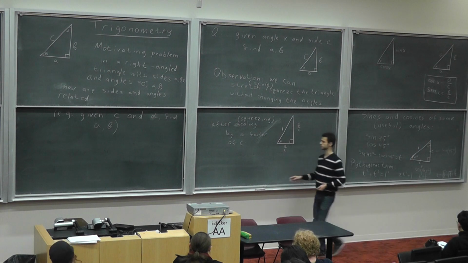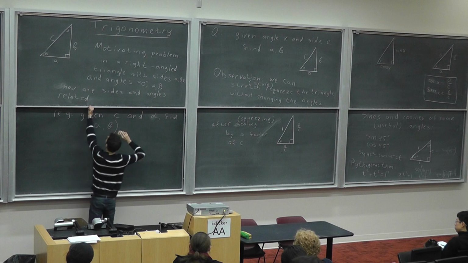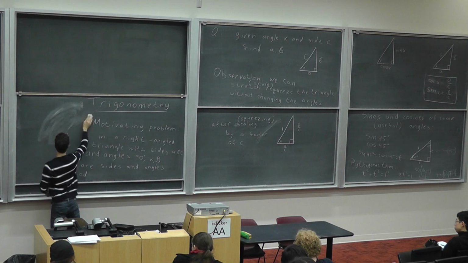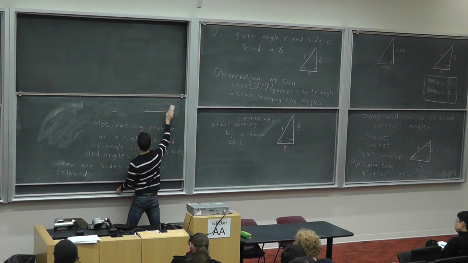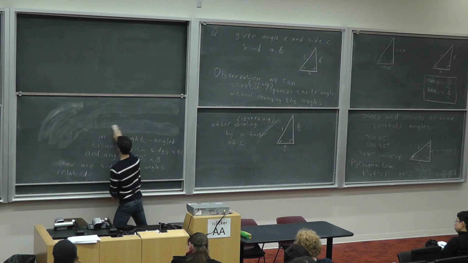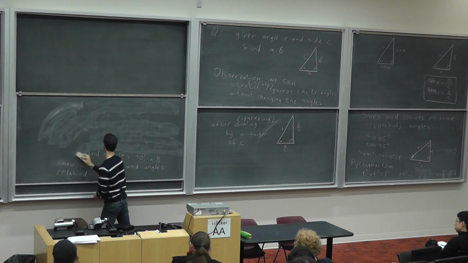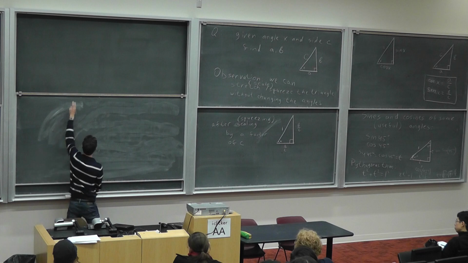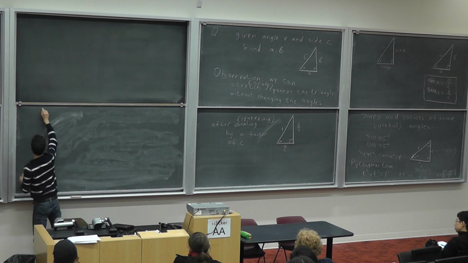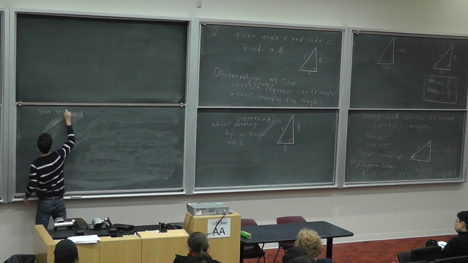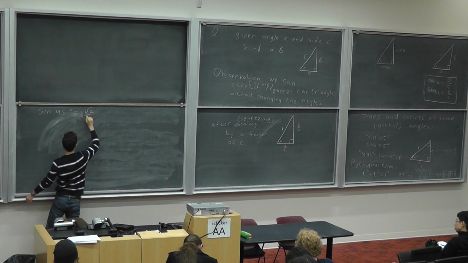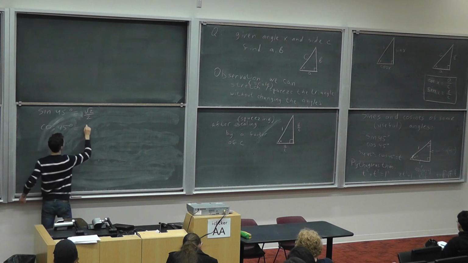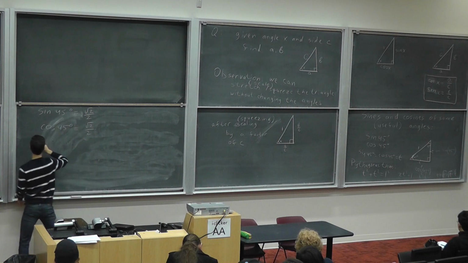So here we have our first result. Sine of 45 degrees is square root of 2 over 2. Cosine of 45 degrees is square root of 2 over 2.